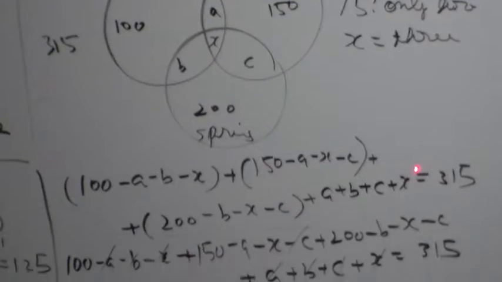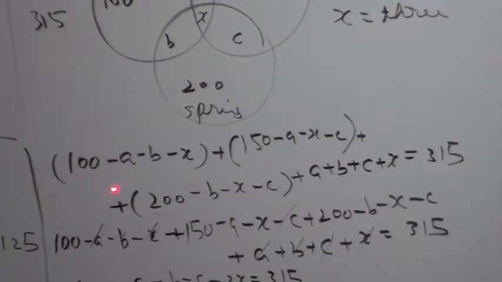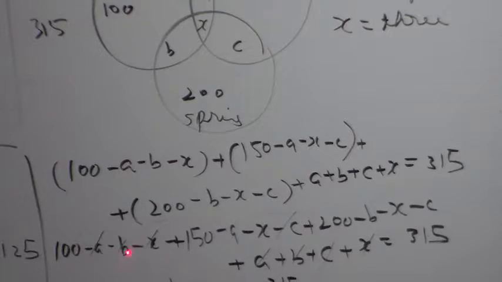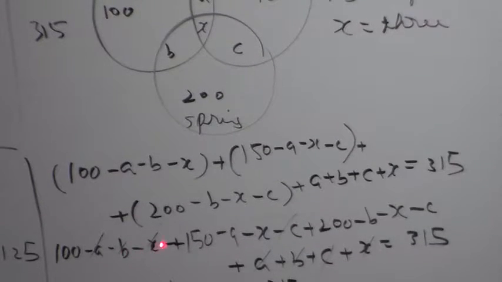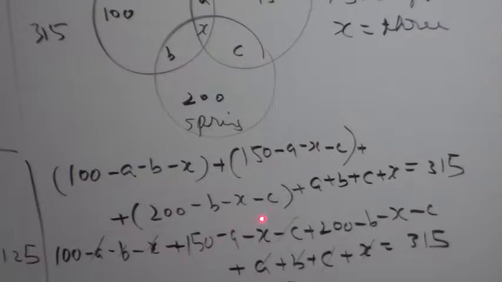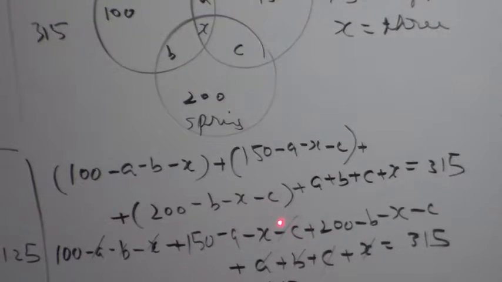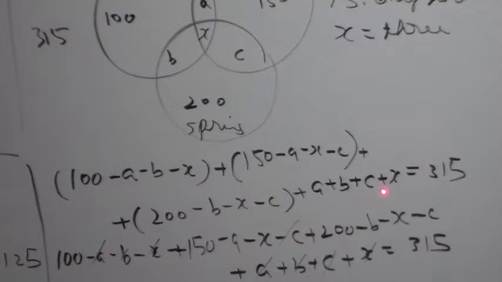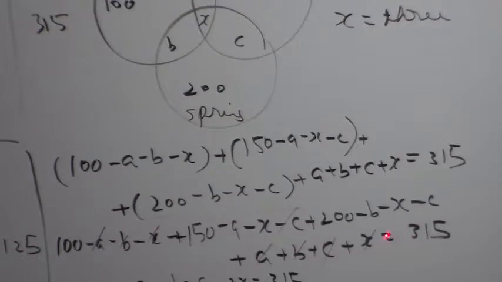Then once again distribute: 100 minus a minus b minus x, 150 minus a minus x minus c, 200 minus b minus x minus c, and a plus b plus c plus x is 315.